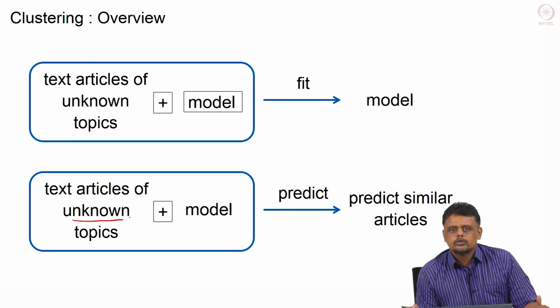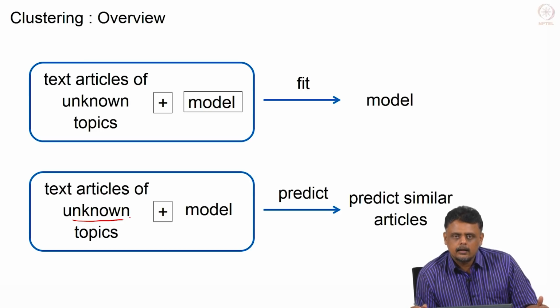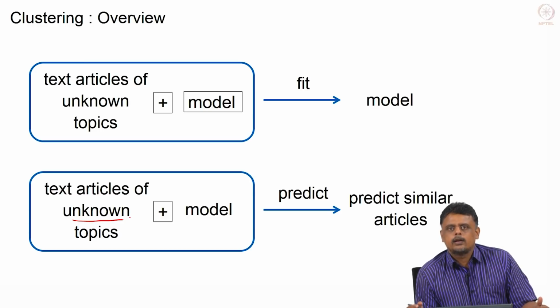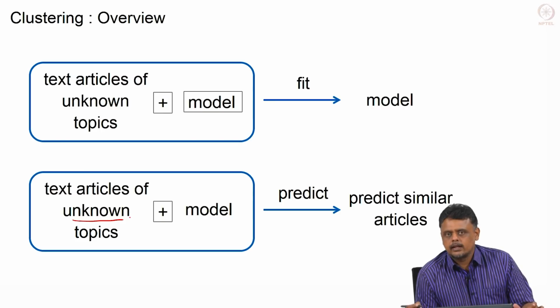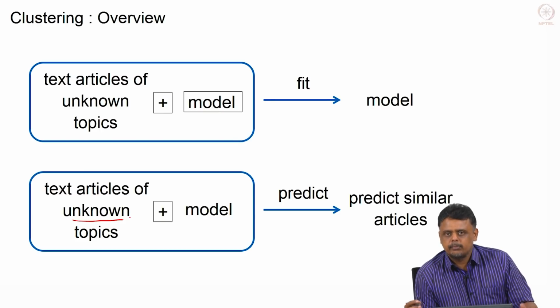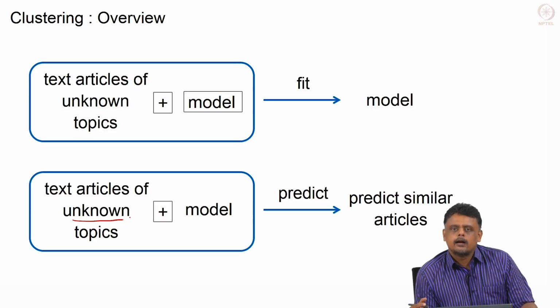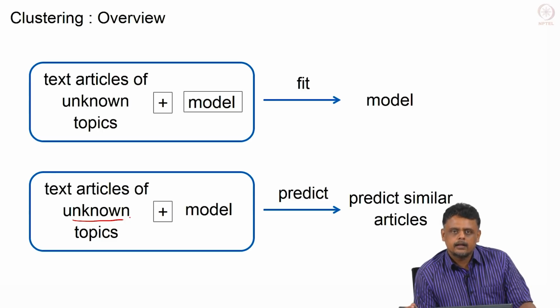This kind of structure is what is commonly called unsupervised learning, wherein we really do not know what the classes are or what the underlying structure of the data is, except that we are given the raw data, and then we try to develop a model by finding some underlying structure in the data. This structure is again dependent on some metric that we define, as we will see for the K-means algorithm as well as other clustering algorithms.